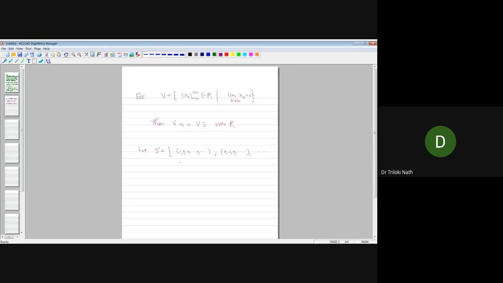So this set is actually written like this: E1, E2, E3, and so on, E_n, and so on. So this is an infinite set. E1 means the first place is 1 and everywhere 0. E2 means it is a sequence whose second term is 1 and everywhere 0. E3 means its third term is 1 and everywhere 0, and so on. So E_n is this.